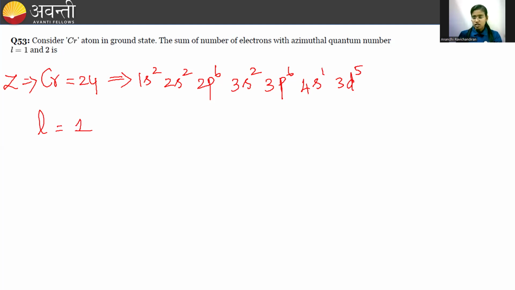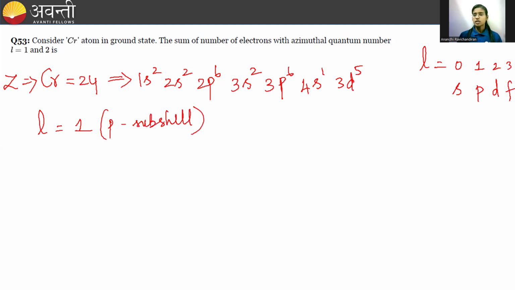L is equal to 0 for the s subshell, 1 for the p subshell, 2 for the d subshell and 3 for the f subshell. So L is equal to 1 is for the p subshell.